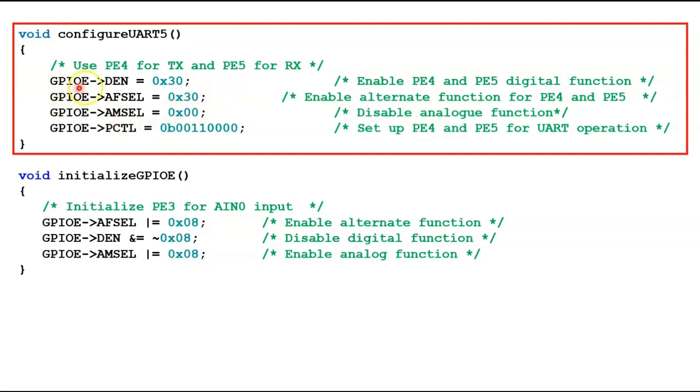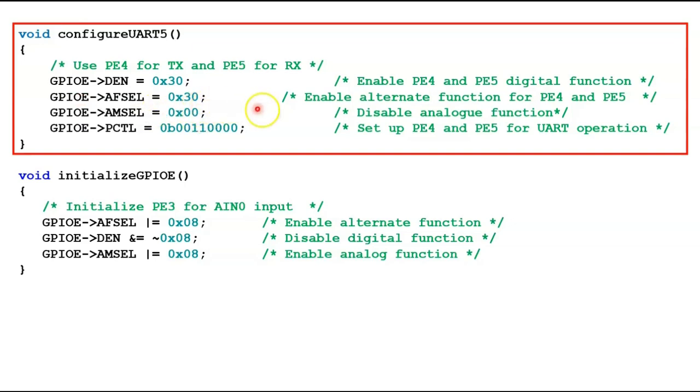All right, so the first statement here enables PE4 and PE5 as digital function. And then the next statement here basically enables the alternate function for PE4 and PE5. Remember, GPIO-E, or general purpose input output for port E, can function as input output and function as UART and other functions.